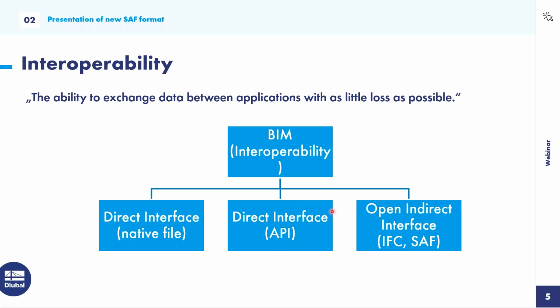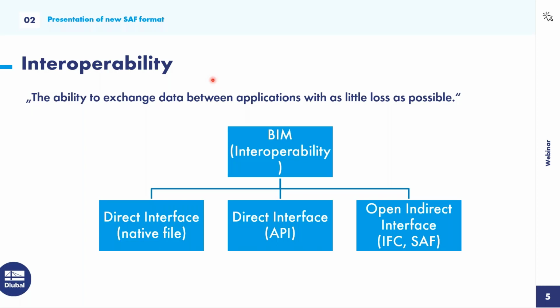And then on the right side, we have the third variant, and this is the open indirect interface. So this means you work with open formats like IFC or also SAF. And what does it have to do with interoperability?